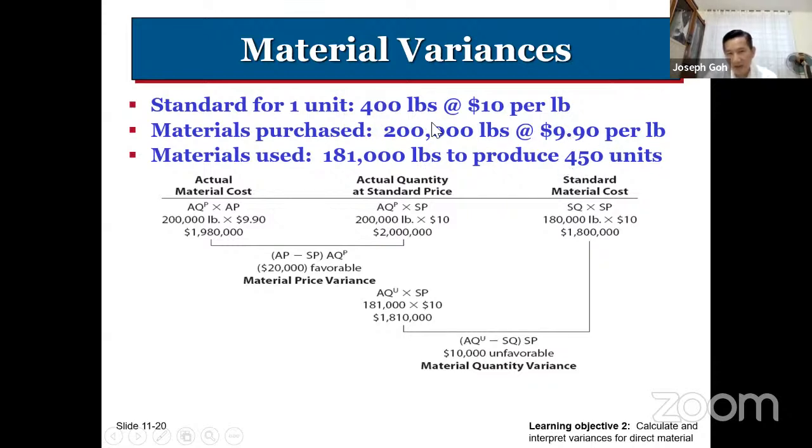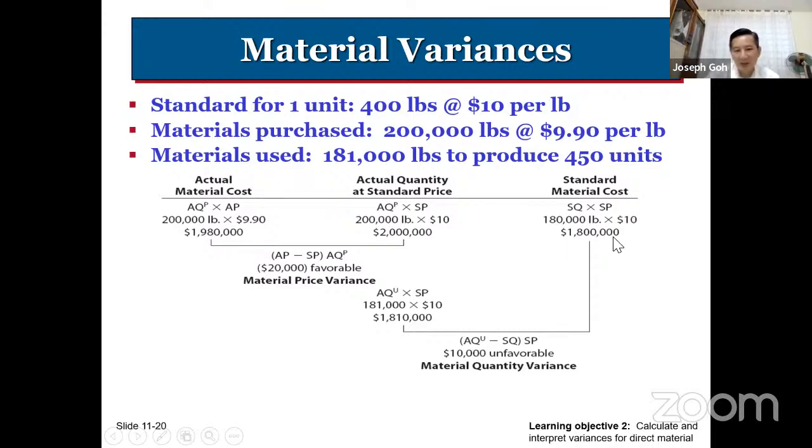So it's 450 times 400, you get 180,000. That's the standard you need in order to produce 450 units. The standard quantity you need times $10, the standard price, gives you 1.8 million.